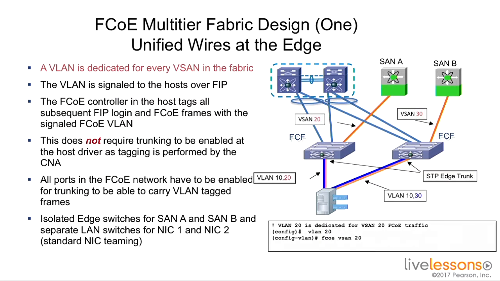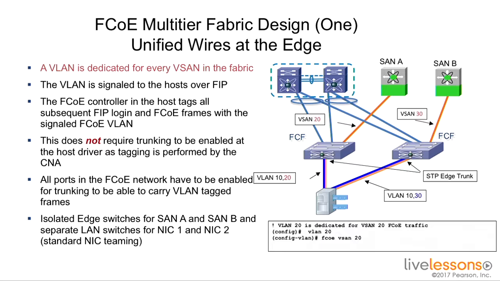In this case, we're actually dedicating a VLAN to send our FCoE traffic over. The server, for instance, sends the FCoE traffic in VLAN 30 on the right side, and it sends it in VLAN 20 on the left side. And that would be synonymous to SAN A and SAN B in a fiber channel environment.